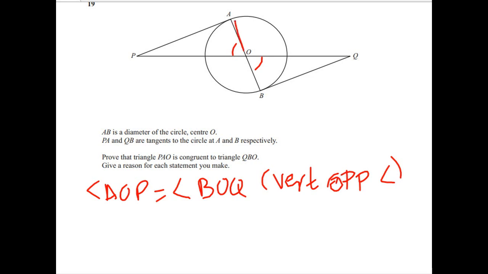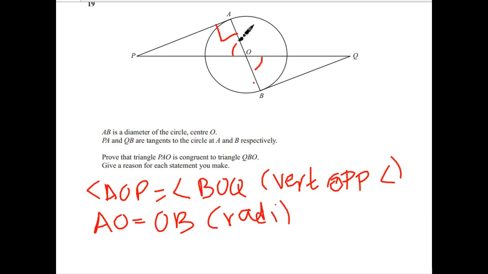Next, I know that this is the radius and this is the radius as well. So this length and this length are equal. So we'll write AO is equal to OB, and both are the radius of the same circle. And next, I know that tangent and radius are perpendicular to each other.